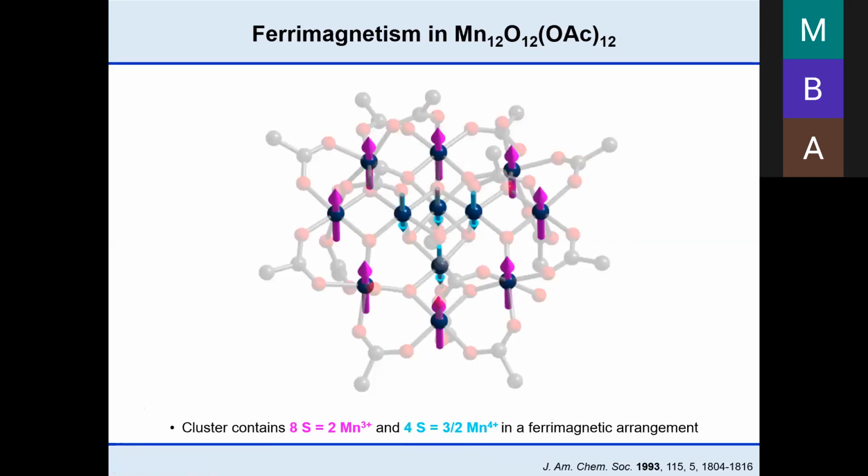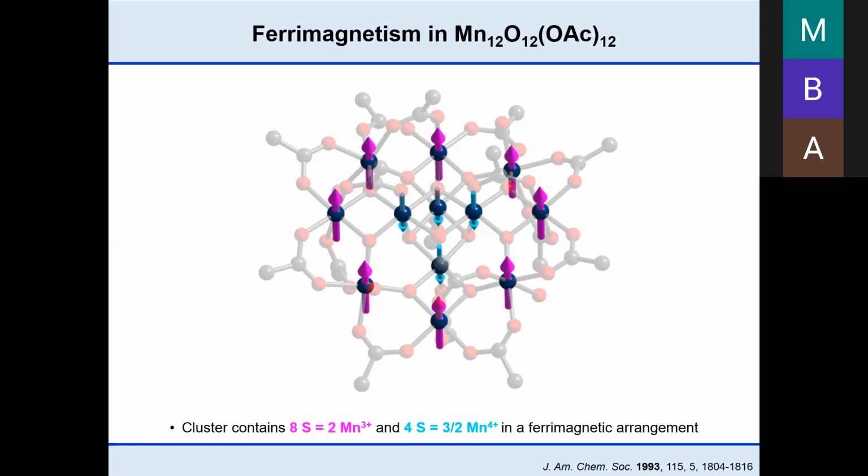It's also worth noting that these exchange interactions are not exclusive to solid state materials or extended solids. These are also present in a large number of molecules. So this is one that you've seen before, manganese 12 acetate, where we have 12 manganese atoms in different oxidation states.